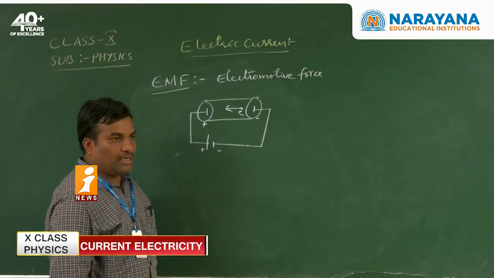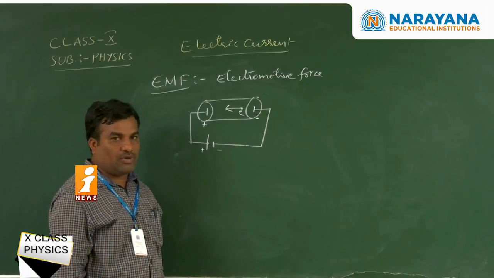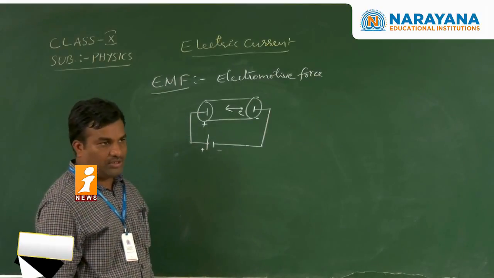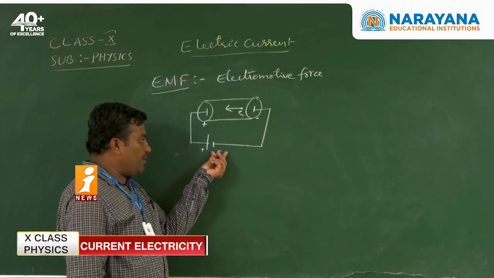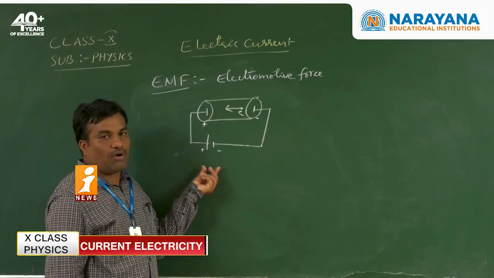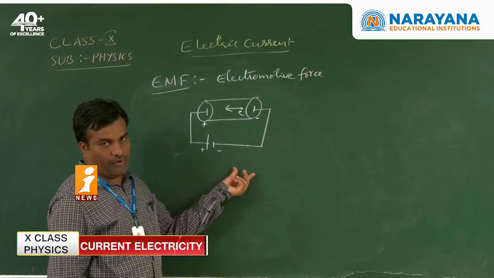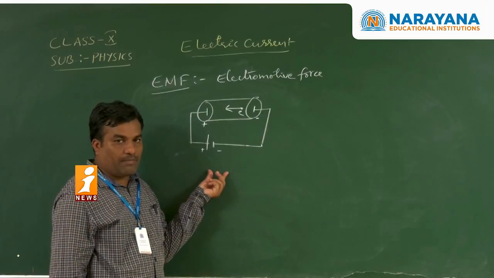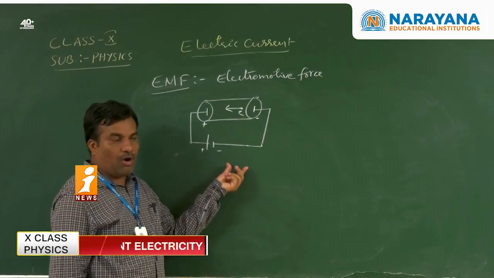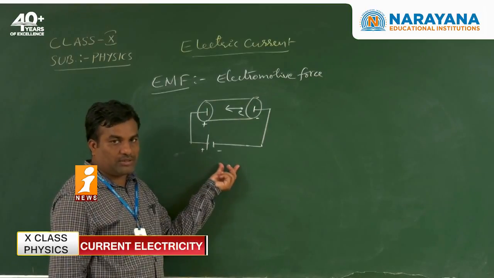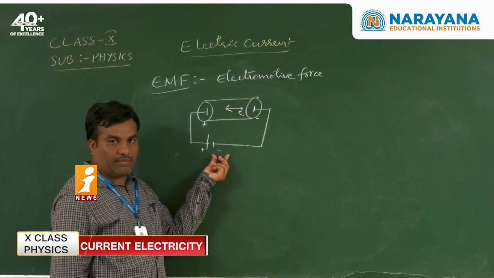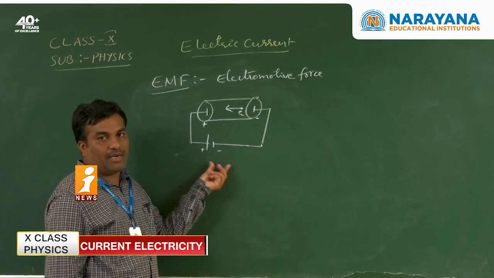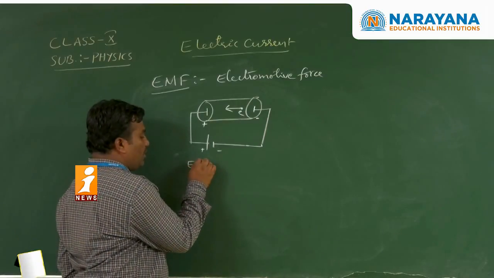So the work done by chemical force on a unit positive charge from the negative end to the positive end is called electromotive force. What is electromotive force? Work done by chemical force on a unit positive charge brought from the negative terminal to the positive terminal is called electromotive force.